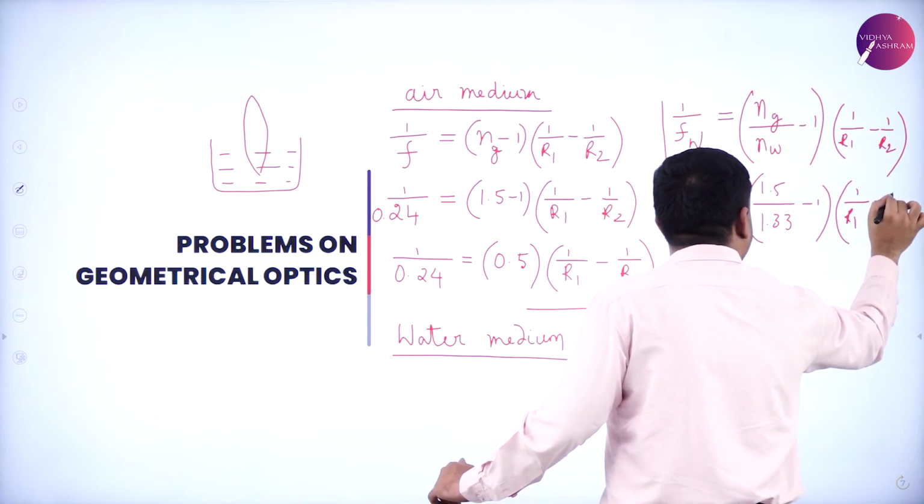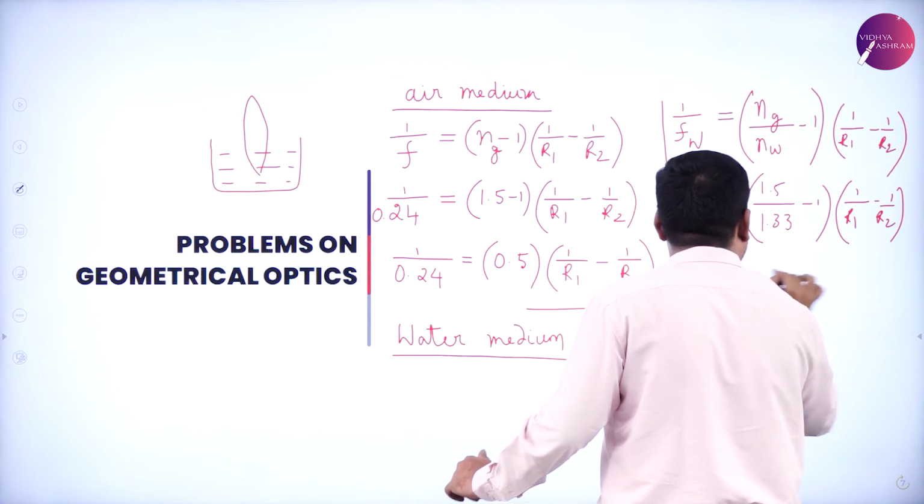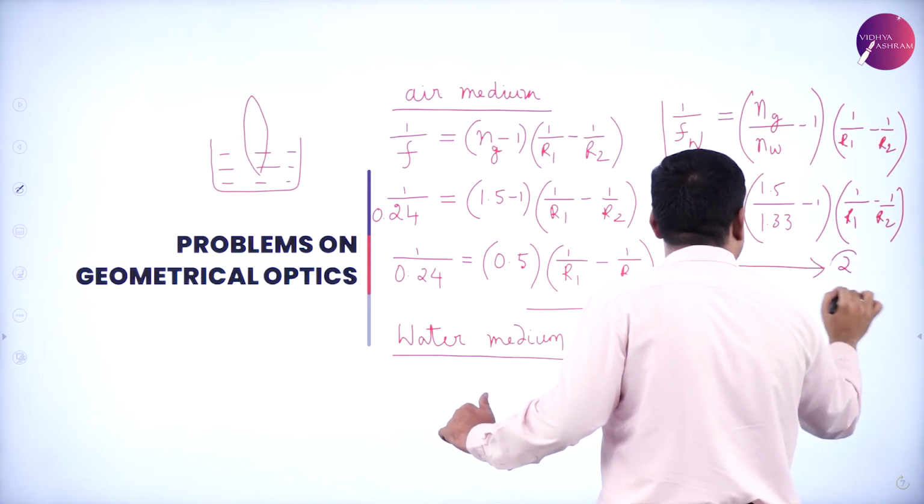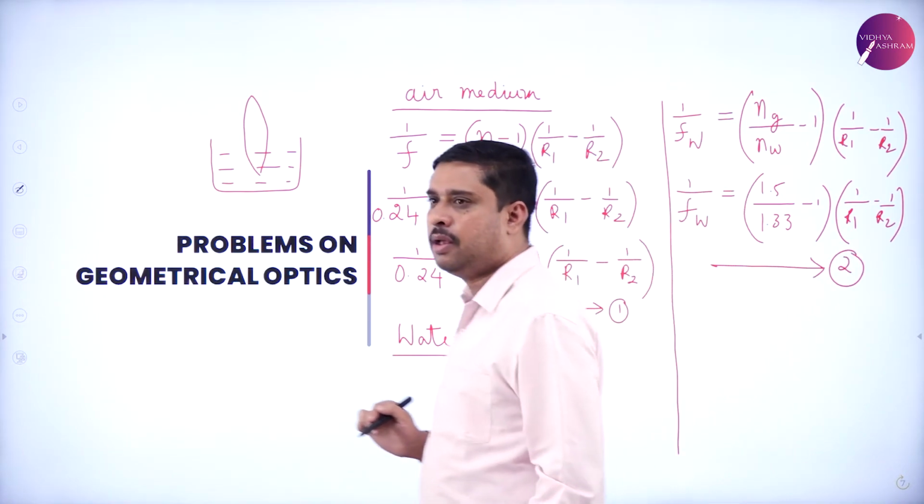Again, R1 and R2 are not known. I call this equation 2.